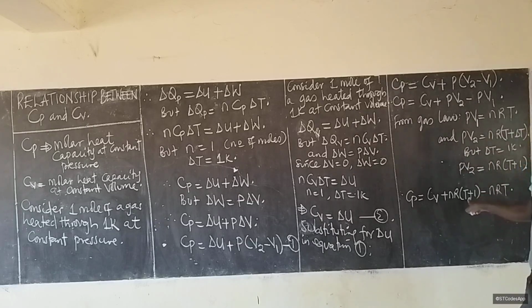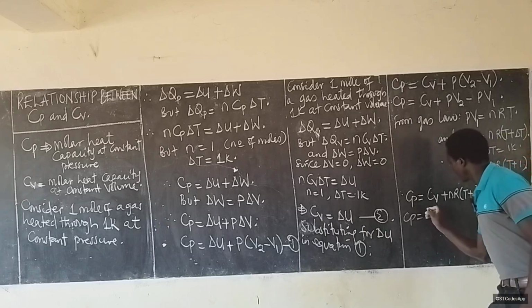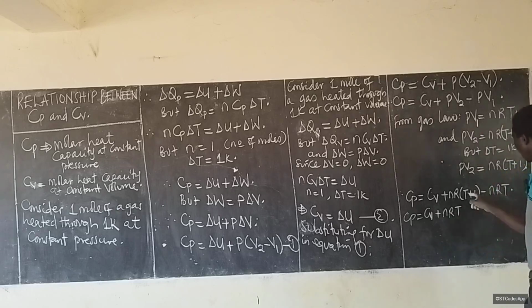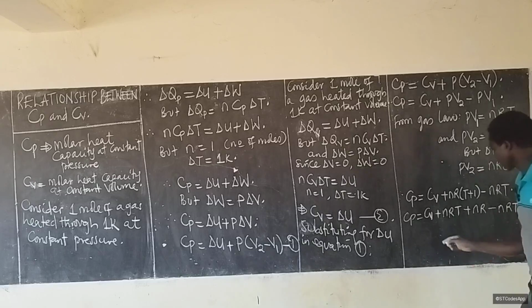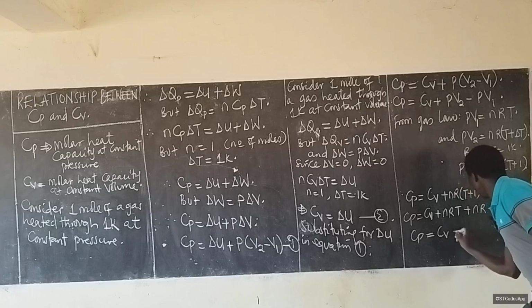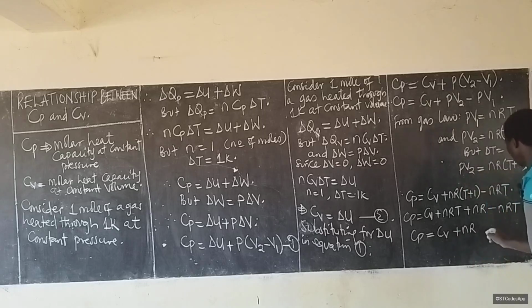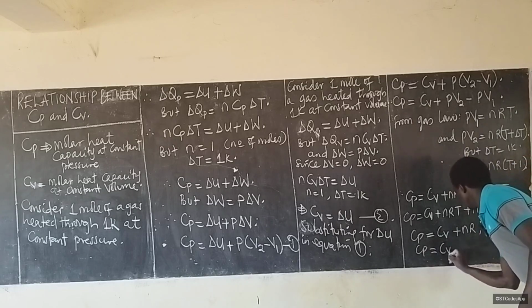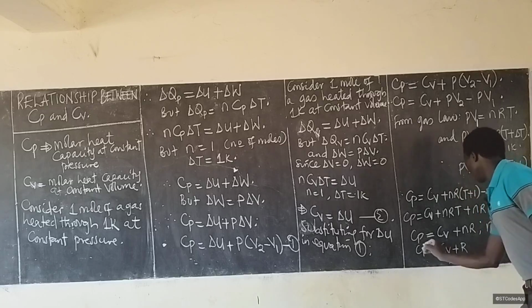I can open this bracket, so I'll have C_P becomes C_V plus nRT plus nR minus nRT. You see this nRT and nRT will cancel themselves. So I'll have that C_P equals C_V plus nR. But of course n is equal to 1, so this implies that C_P is actually C_V plus R.